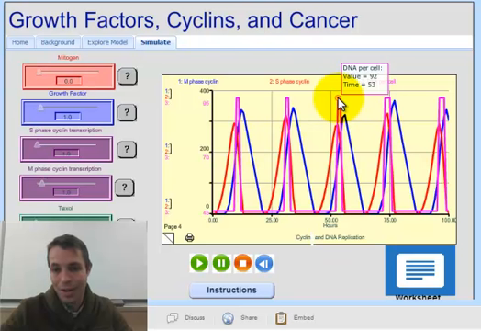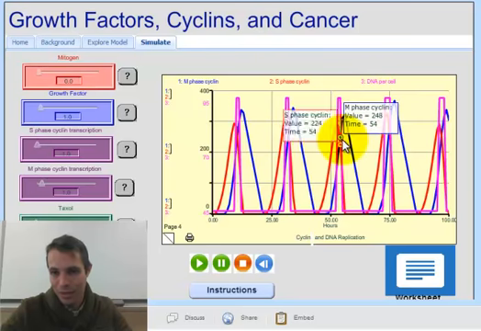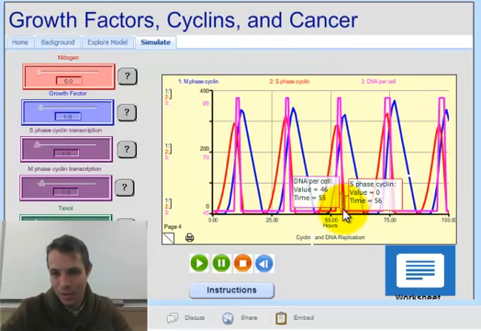Then for a very short time period, according to my model, it's in G2, preparing for mitosis. Then during mitosis, it splits that DNA up, and at the end of mitosis, it's back in half, where we have 46 DNA molecules again.